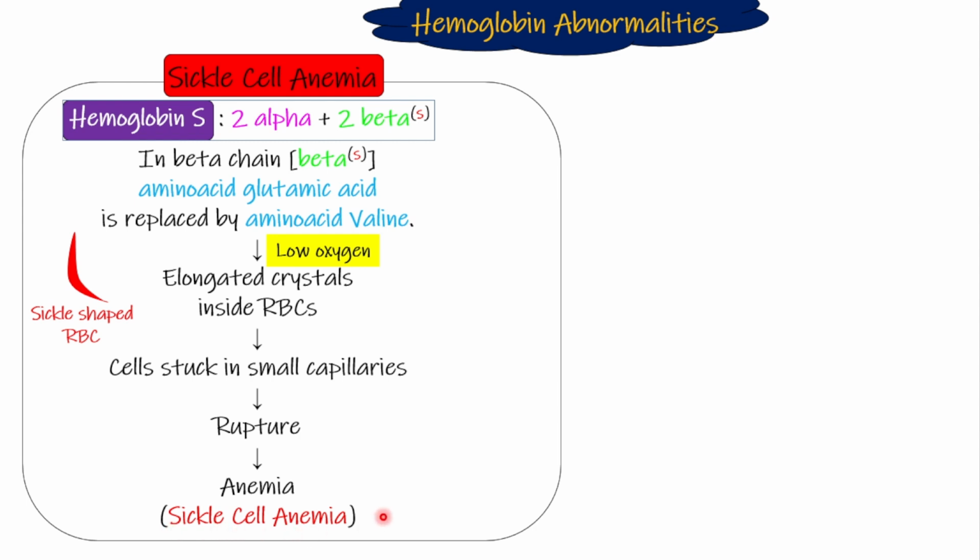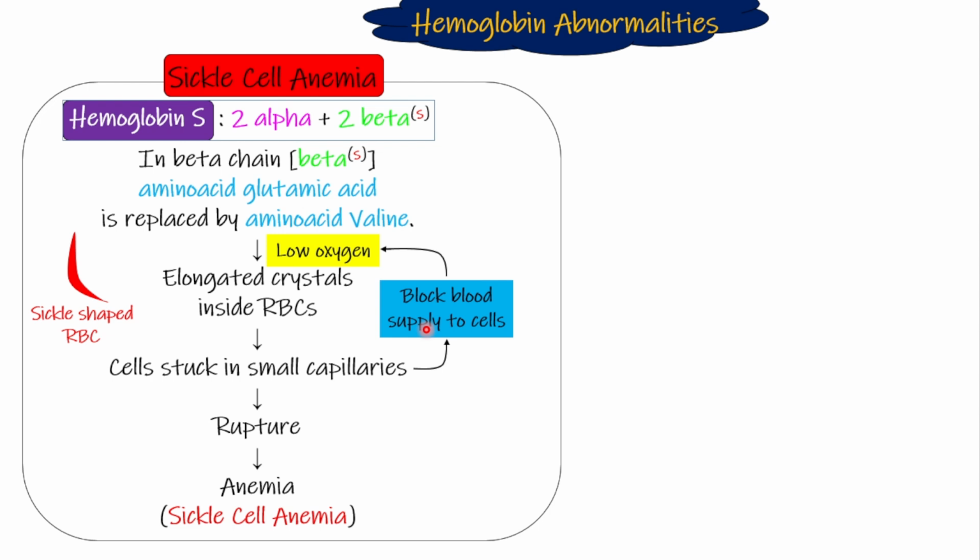Now, one interesting thing which is taking place here is that whenever the smaller capillaries get stuck by these elongated crystals of sickle-shaped RBCs, the smaller capillaries are blocked. Because of this blockage, there will be further reduction in the blood supply to the cells.